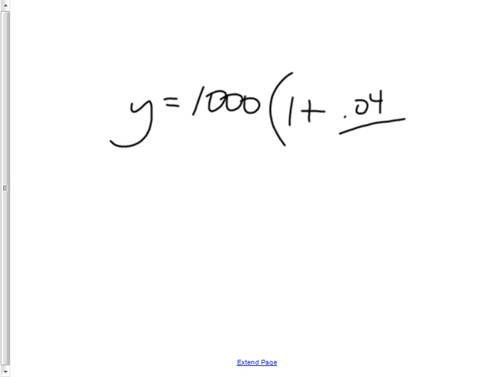We started with $1,000. So did you say y equals 1,000 times, what did you say? 1 plus 0.04 divided by 365, compounded 365. I agree, divided by 365. Keep going. And then parentheses, and then put it to the 4 times 365.